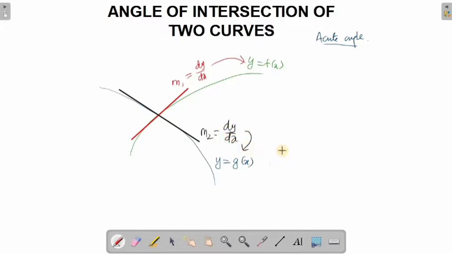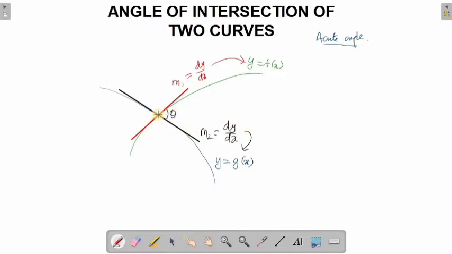Now remember, you are interested in calculating the angle between the two curves. Finding the angle between the tangents at the point of intersection and finding the angle between the curves both mean the same.